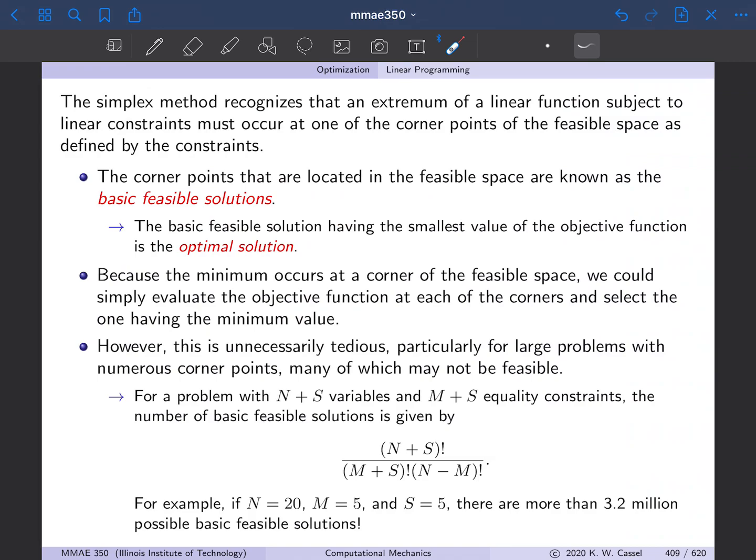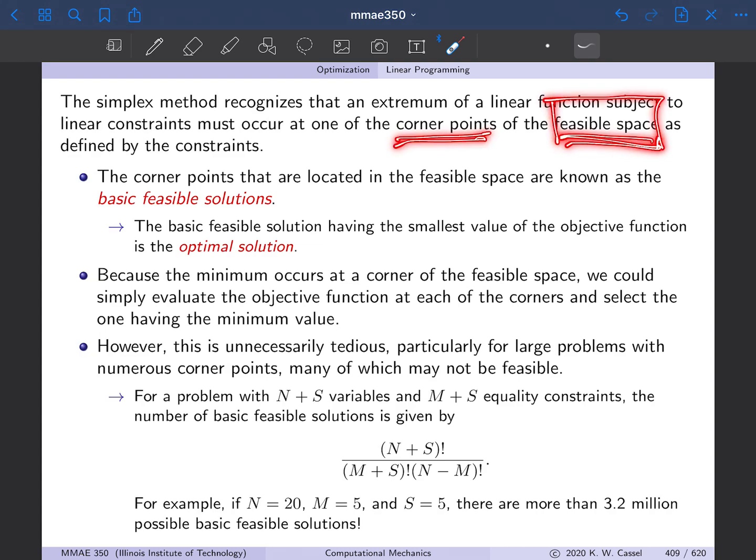So then the simplex method takes advantage of the fact that when we're doing linear programming, with a linear function subject to linear constraints, the optimal point, the point that we're looking for, is one of the corner points of the feasible space. Remember that the feasible space is the region in the design space, so all of the x1 through xn variables, that satisfies all of the constraints.